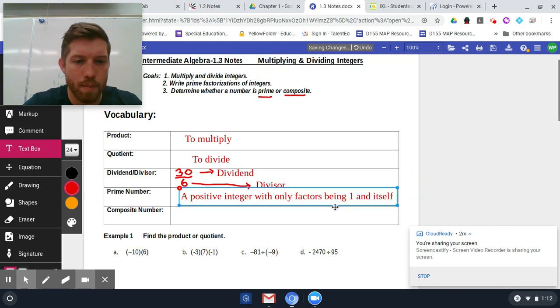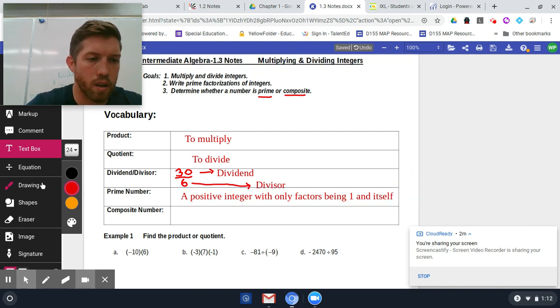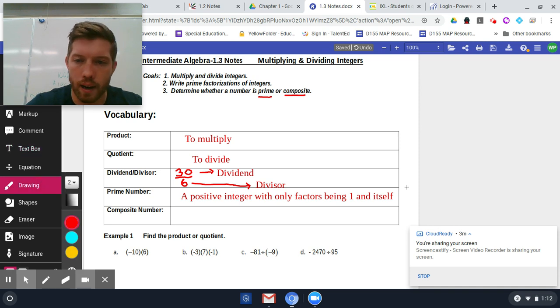All right, so what does that mean? Well, it's numbers like the number 5. What two numbers can multiply to 5? Well, there are only two numbers. The only two numbers that can multiply to 5 are 5 and 1. That makes 5 a prime number.